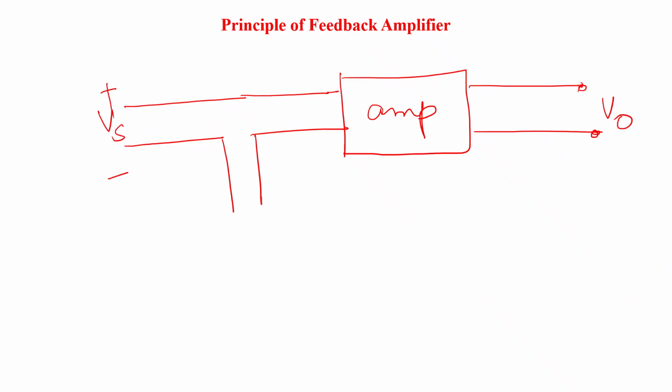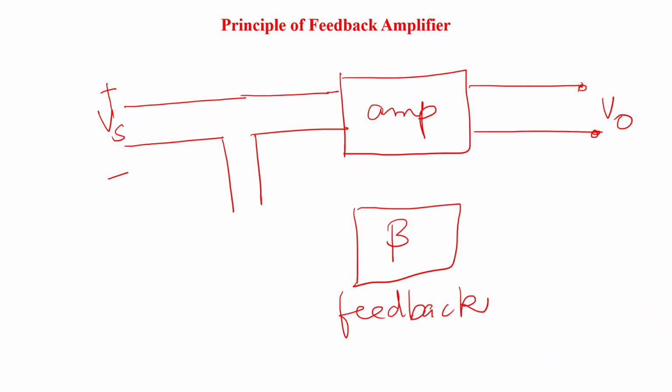The source voltage is Vs, and we have the feedback part of the circuit. This is the feedback block. A fraction of the output is taken and fed to the feedback block.